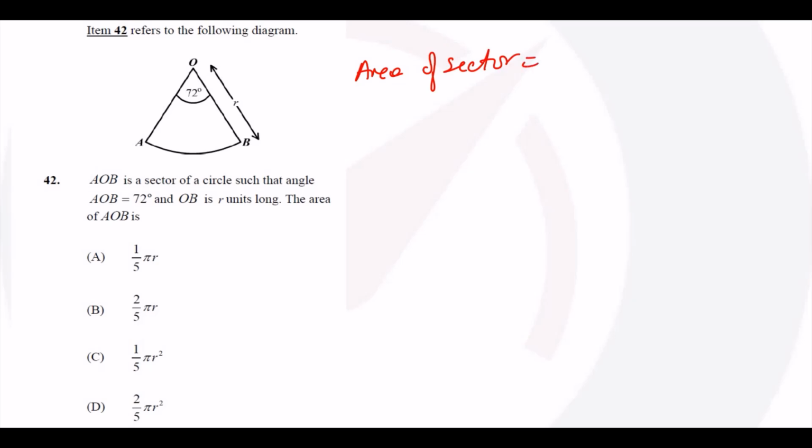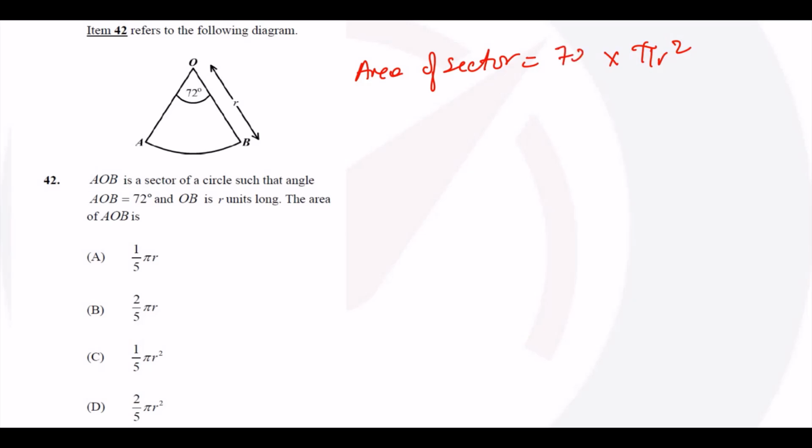Now for area of a sector, you don't have to swap the formula, you can think about it. The sector is a fraction of the circle, a fraction of the area of the circle. We know the area of a circle is pi r square already. So the sector is going to be a fraction of the area.